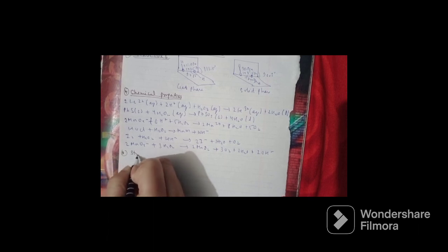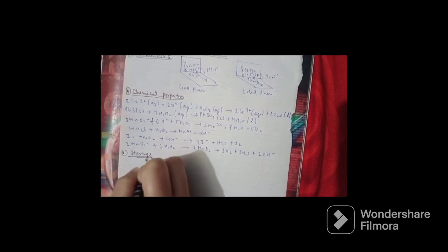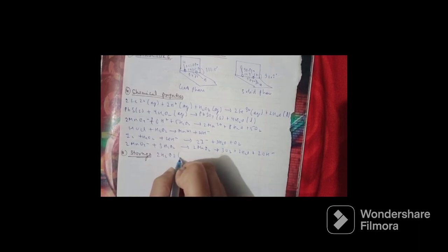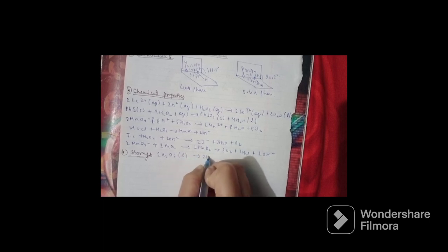Now we talk about another one, which is storage. In terms of storage, H2O2 decomposes slowly on exposure to light, so 2H2O2 liquid will give 2H2O liquid plus O2 gas.